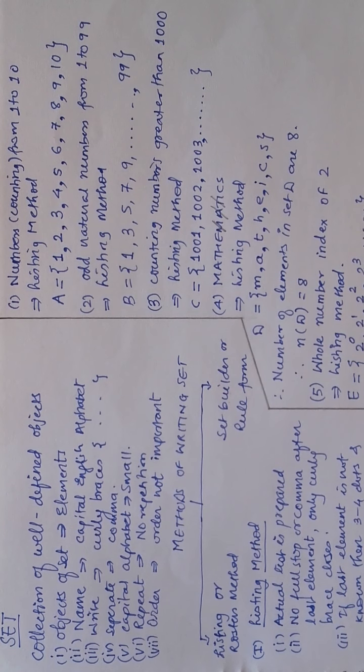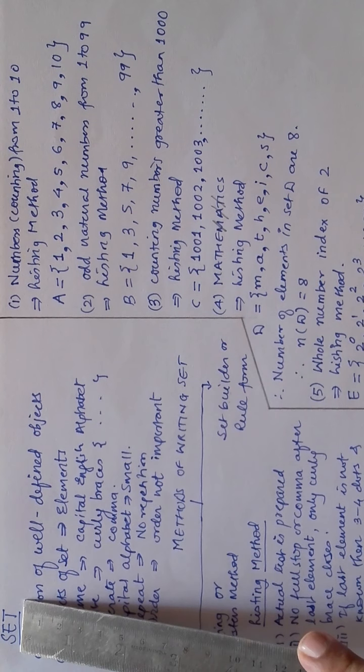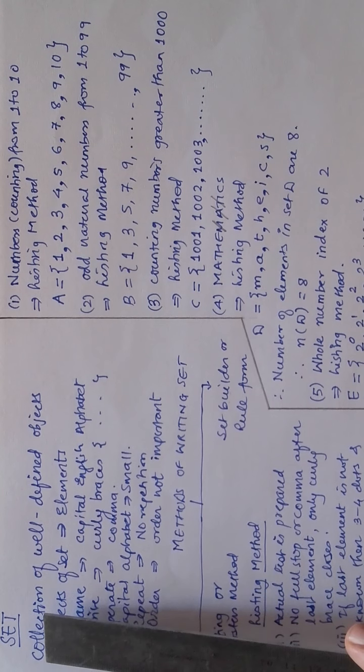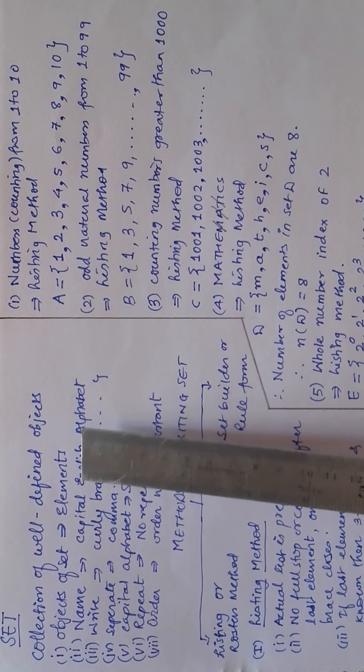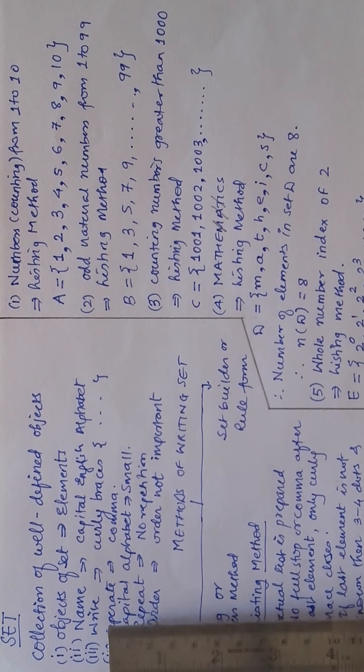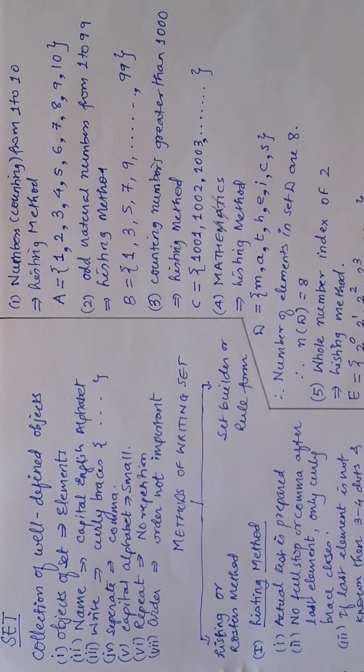We had discussed set. This is the word set. This line: a collection of well-defined objects. I hope it is very clear, but I am just reading for you. First point, objects of a set are called elements. Second, name implies capital English alphabet.